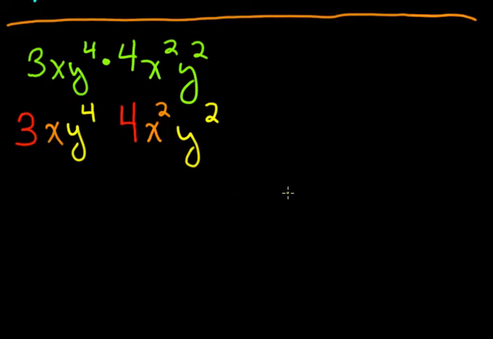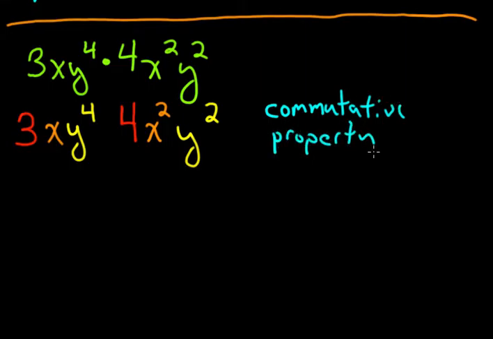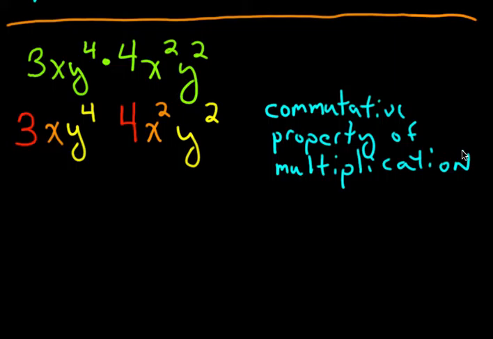Now, our commutative property of multiplication says that the order of the multiplications doesn't matter. Now, if we look at this here, in algebra, we are saying we are multiplying all of these. So this is a series of multiplications.